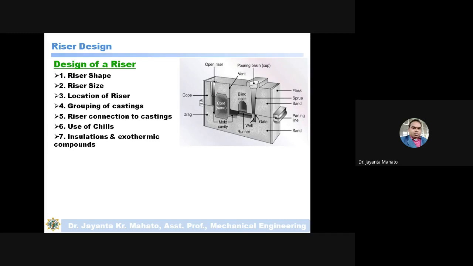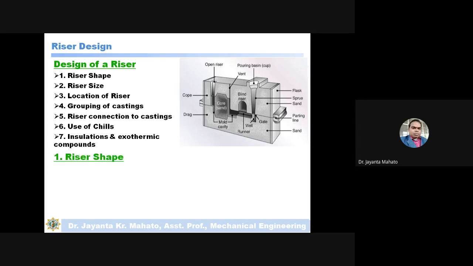Use of seals is also very important. I will tell you what a seal is. Another design aspect is insulation and exothermic compounds, which are provided at the top surface of the riser in case of a top riser.